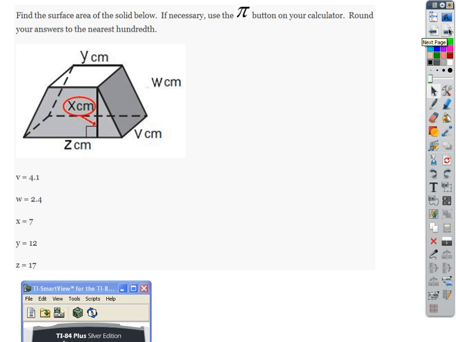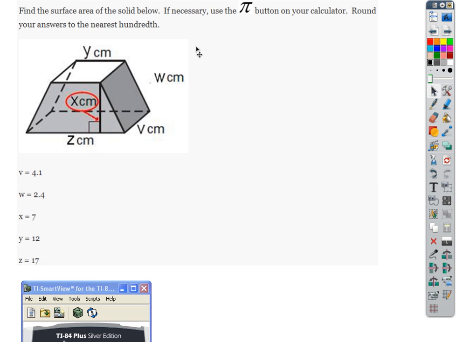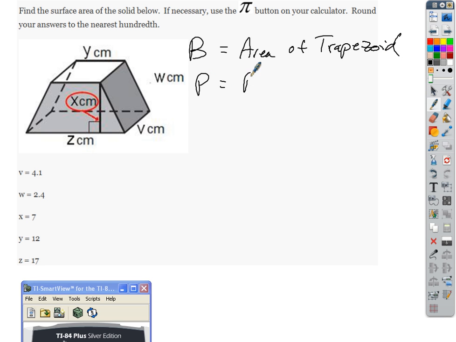So the only difference is that when we calculate the base area B, it's just going to be the area of a trapezoid, right? And P is going to be the perimeter of the trapezoid. And we have those on the formula sheet. Does that make sense? Okay, so maybe I won't go through that complete example because we just did one like it.